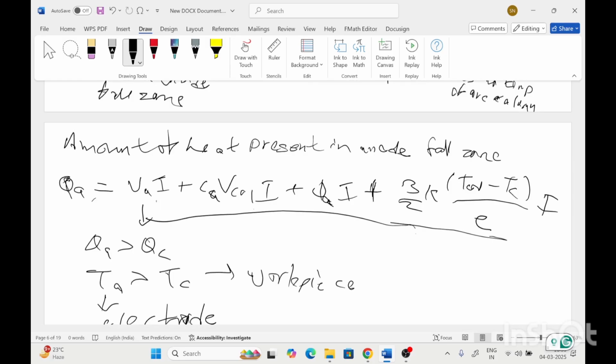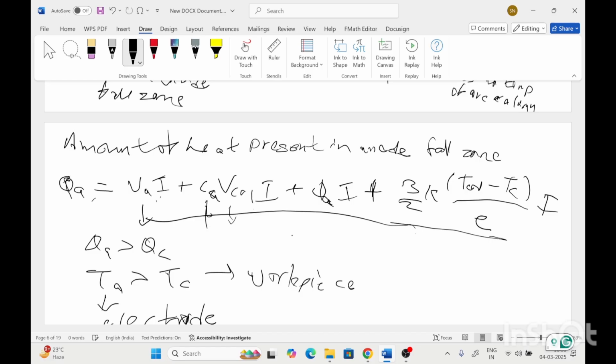VaI is the heat generated at the anode, because as we supply the current, some heat will already be present at the anode because of the voltage difference and current supplied, and this term is the heat transferred from the arc column to the anode.